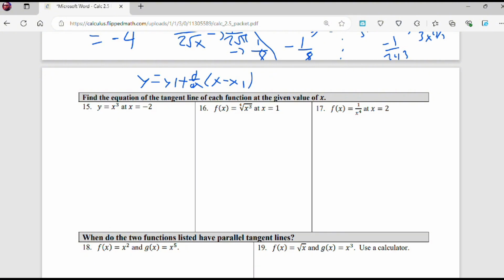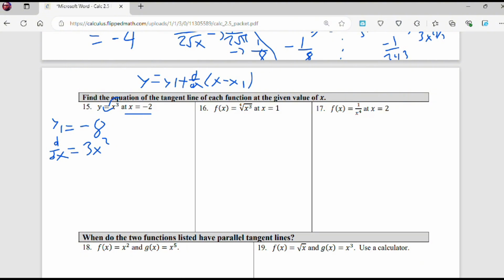y equals x to the third at x equals negative 2. So we have our x value. We don't have our dy/dx, and we don't have our y1. Let's solve for y1. y1 is equal to negative 2 cubed, which equals negative 8. Now we have to find our derivative. Derivative of y equals x cubed: power rule, bring the 3 down, 3 minus 1 is 2.